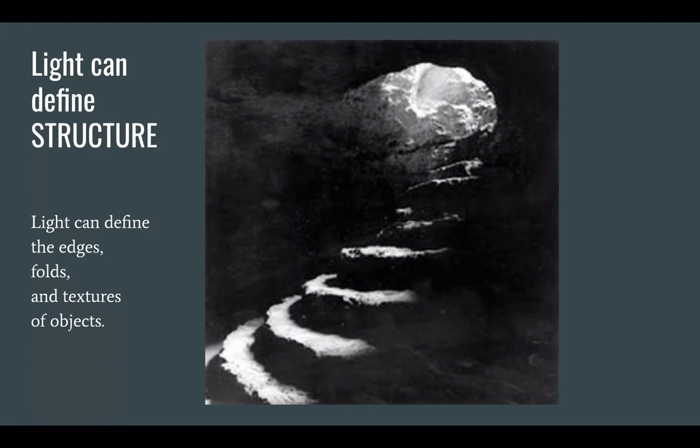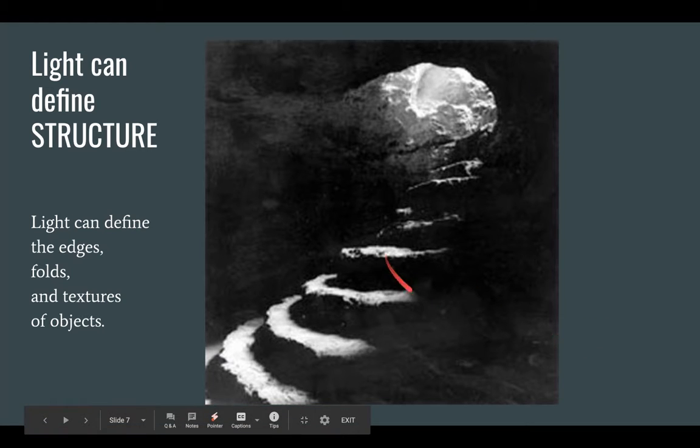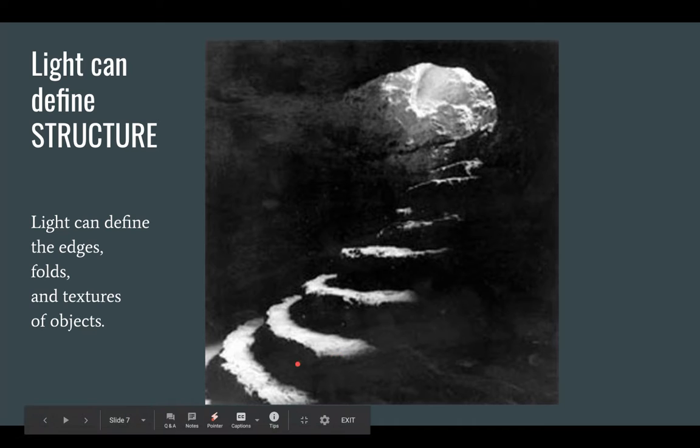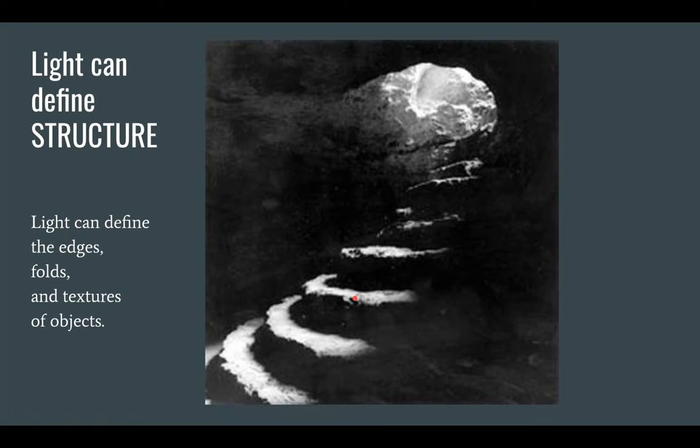Light can define the structure and the architecture of objects. So here we see the edges of these steps, and we see the edges of the steps because of how the light is hitting it. Since the light is casting down on these steps, we're able to actually see them.